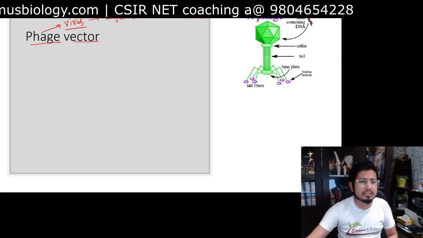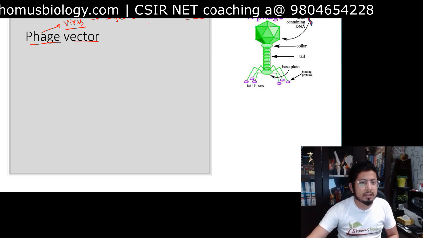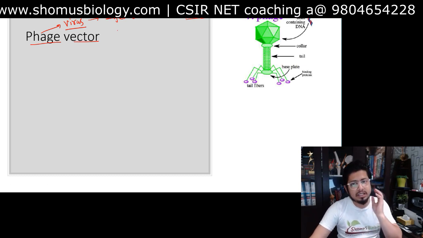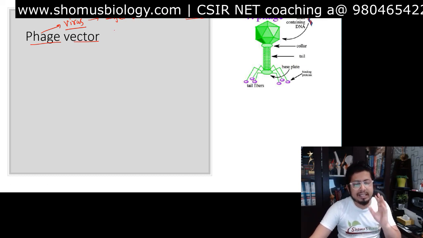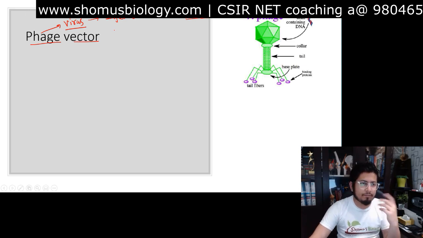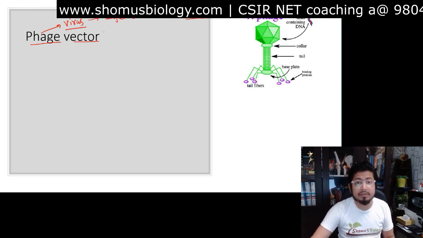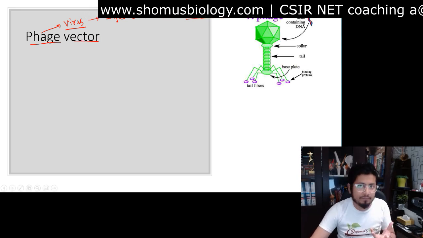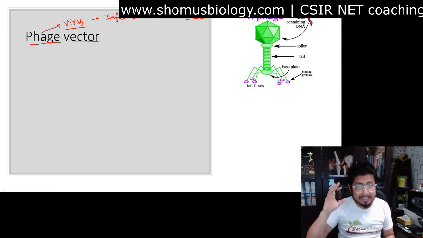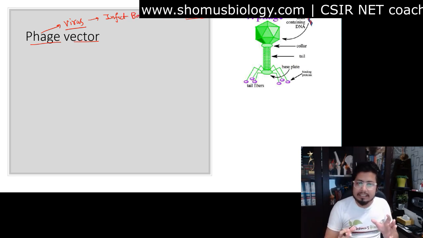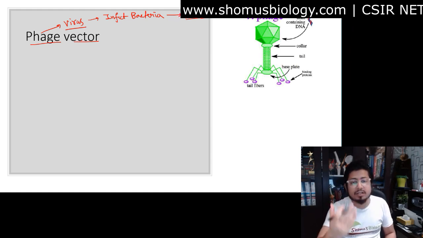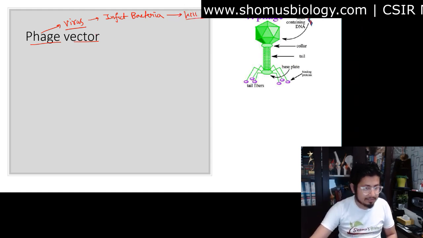So what we need to do is simply get rid of this killing nature of the phage against the bacteria. We will make this phage a disarmed phage. The phage will be carrying the target DNA, but it will lack the capability to cause infection, thus causing disease in a bacteria. That is really, really important.